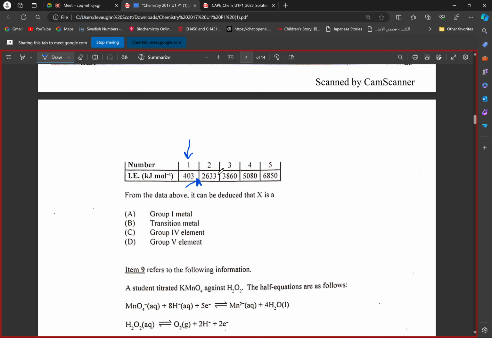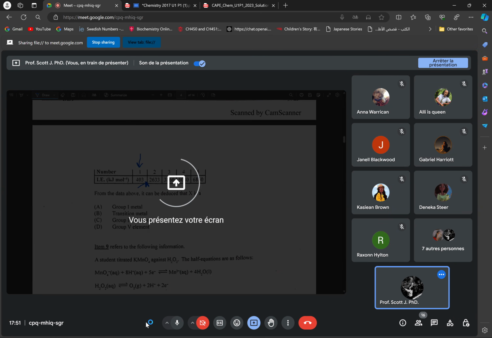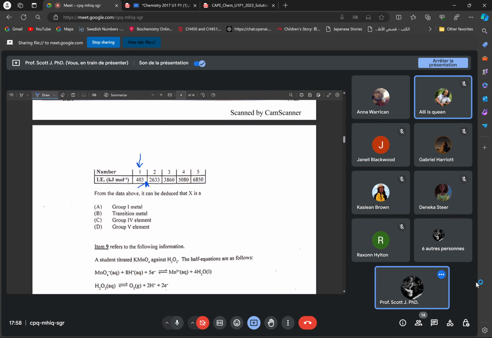Are you there? I want everybody to hear. You're breaking up. What did you just say? I want to hear what the supporting point is for transition metal over group 1 metal in this question. I think it's group one metal. I said A. Yeah, I heard A. But some persons are saying it's a transition metal.